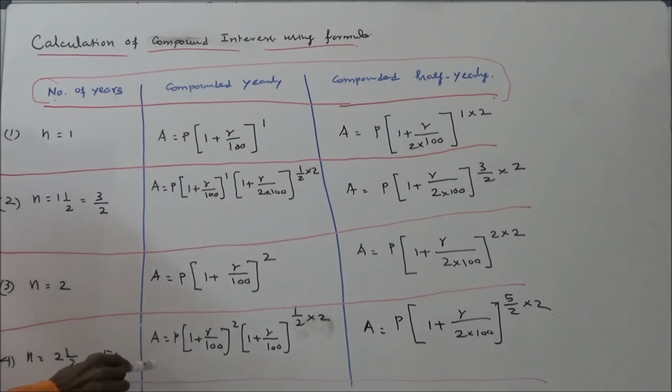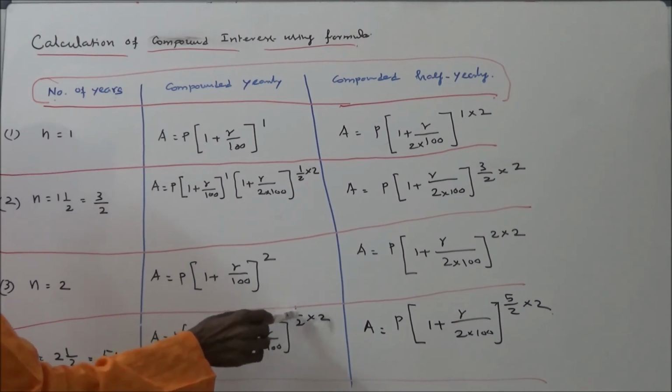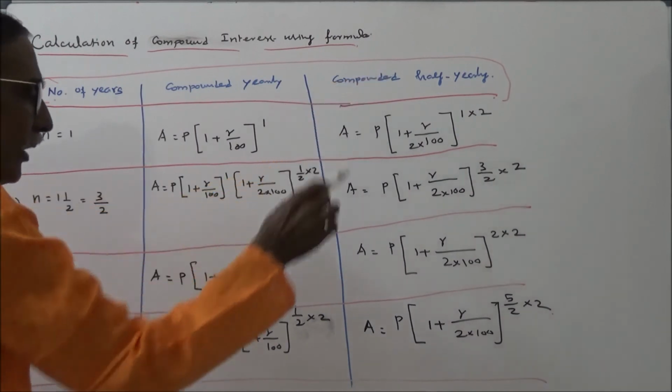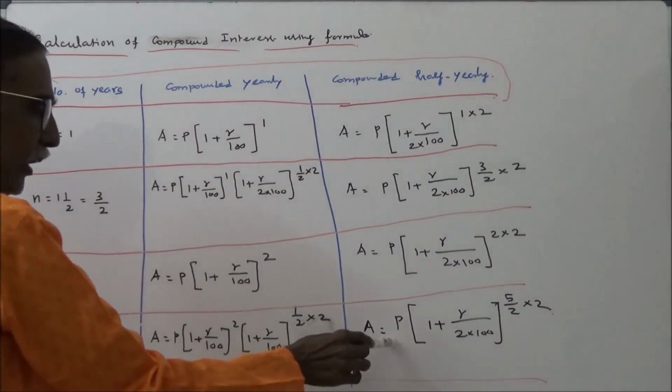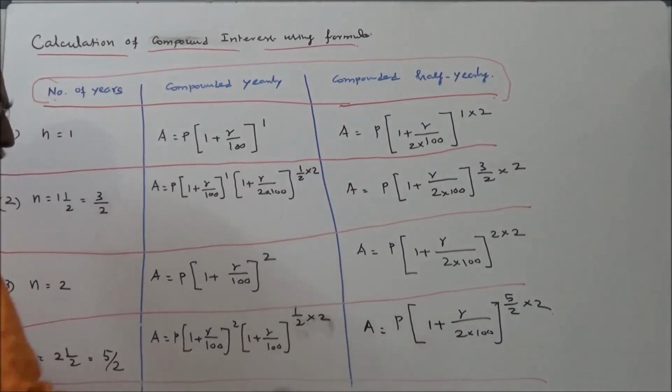For the first 2 years, A is equal to P into (1 plus R by 100) to the power 2, and for the half year (1 plus R by 100) to the power of 1 by 2 into 2. Compounded half yearly, A is equal to P into (1 plus R by 2 into 100) to the power of 5 by 2 into 2.